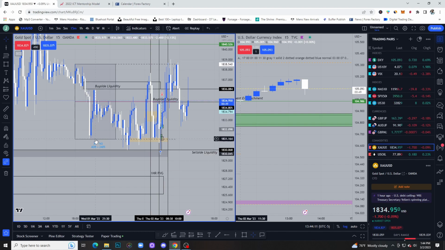This low was the last low formed at the end of the Asian session going into the London session in the next hour. So this was the next day's high and low after the New York close.